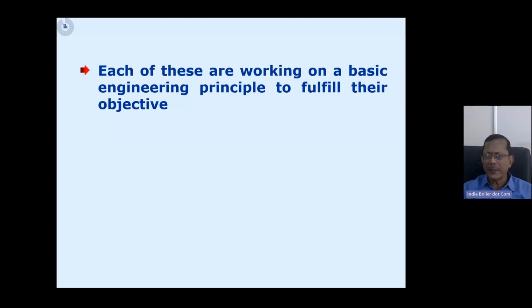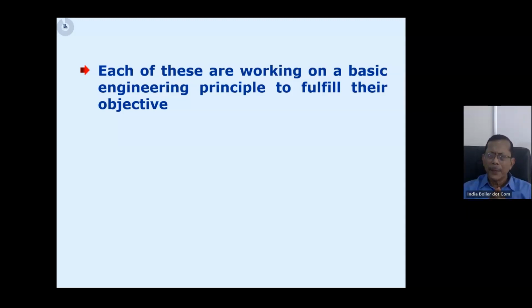When I talk about practical operation or practical work, what is the difference between a theoretical boiler and a practical boiler? So basically, in theory, everything is ideal. You take a consideration, you take an assumption, and that assumption is not getting deviated. So naturally, when it works, it gives a specific output based on that assumption.